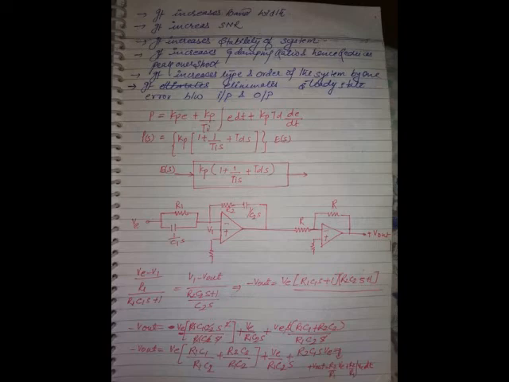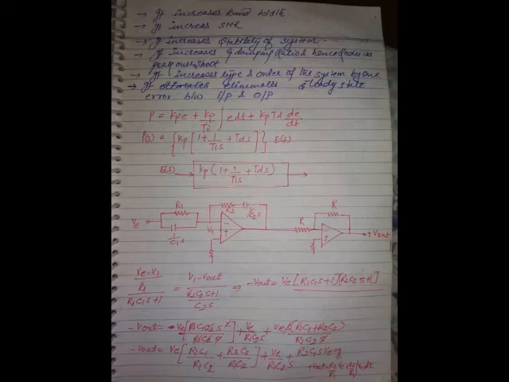But listen. This is the value of theta without the derivative controller. This is the value of theta when you have added a derivative controller. What happened to theta? How many times did it increase? (1 + KKd) times theta got increased.